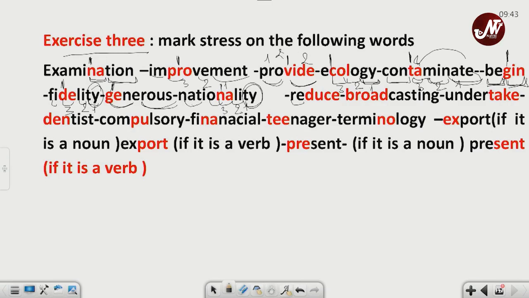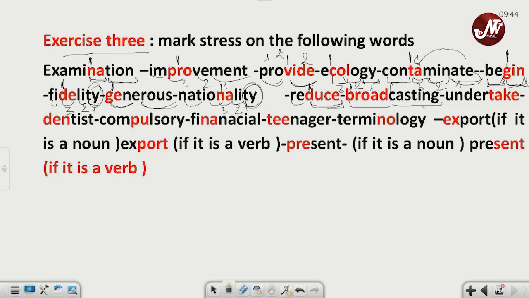Then we have the verb to reduce. We have two syllables, so we stress on the second one, like begin, reduce. Then we have broadcasting. It's a compound noun, broad and casting.